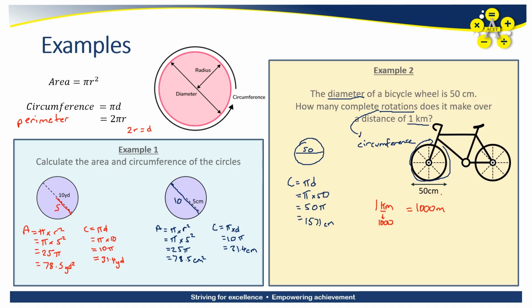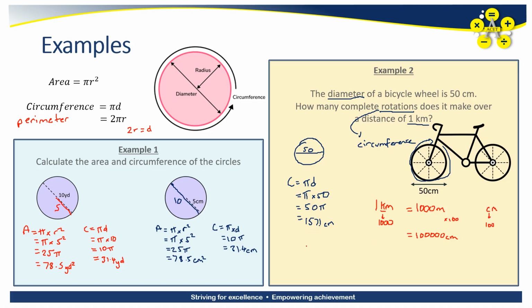But I don't want metres, I want centimetres. And when we consider centimetres, cent means 100. So I'm saying 100 centimetres into one of those. So I can calculate that by multiplying this by 100 to give me 100,000 centimetres.